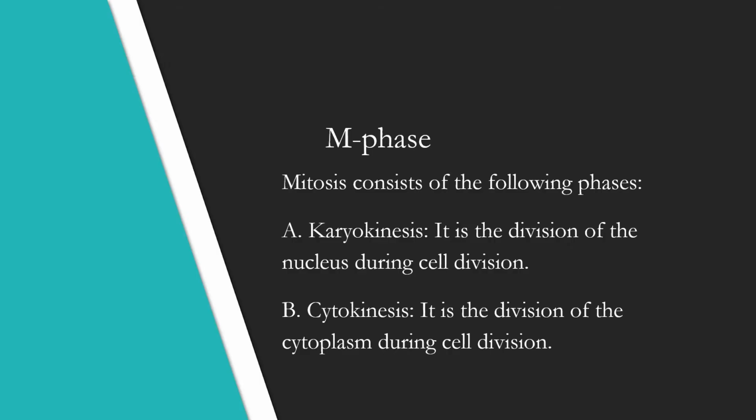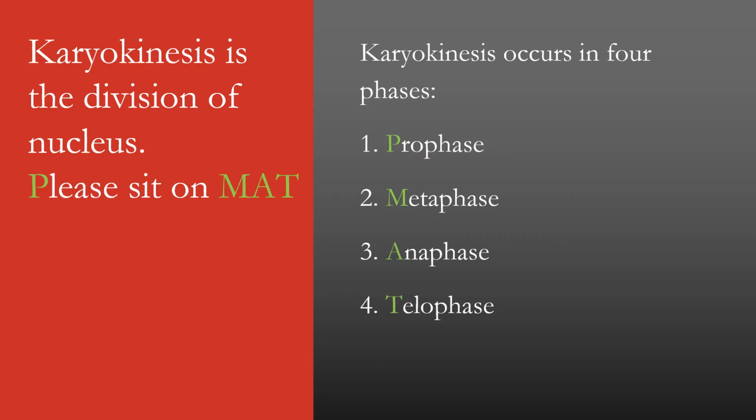M phase consists of the following phases: karyokinesis and cytokinesis. Karyo means nucleus, cyto means cytoplasm, and kinesis means division. So karyokinesis is the division of the nucleus and cytokinesis is the division of the cytoplasm during cell division.